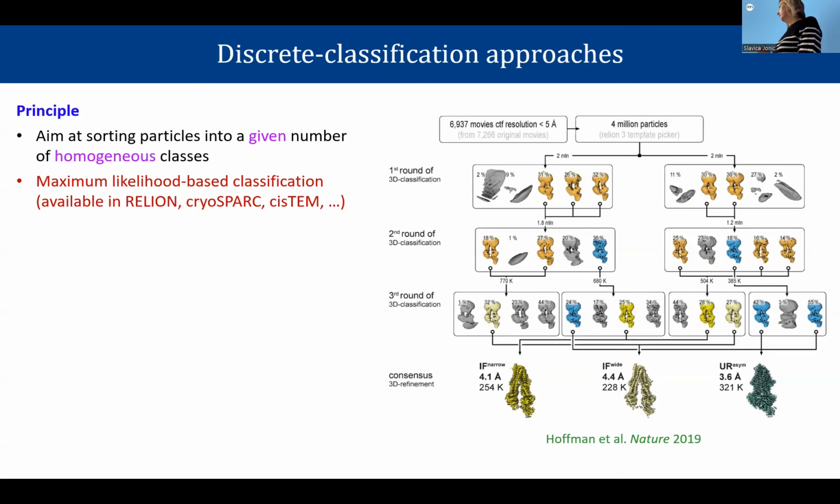You see that the resolution here is around 4 angstrom, and if the number is smaller, the resolution is actually better, which means more details. But you see how the shape changes a little bit between these 3 classes, and they were obtained by merging different classes from the round before.